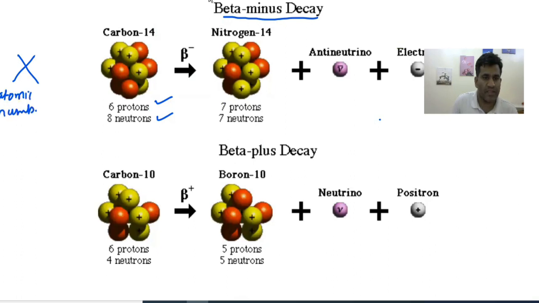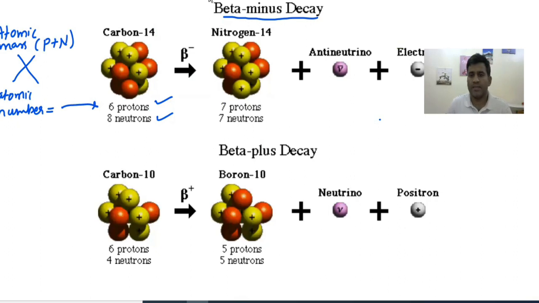Atomic number is the same as the number of protons, isn't it? And atomic mass is basically the number of protons plus neutrons. So the atomic mass of this element is 14 and the atomic number here is 6.